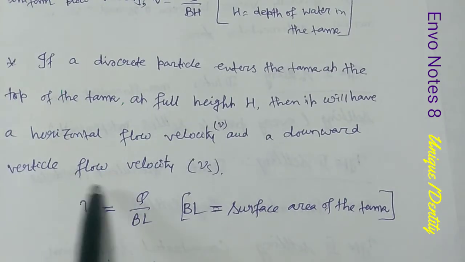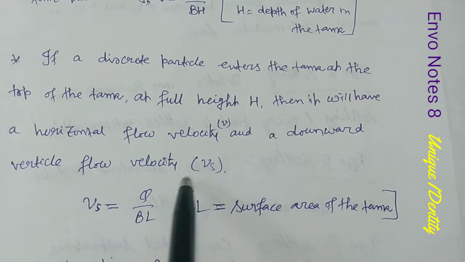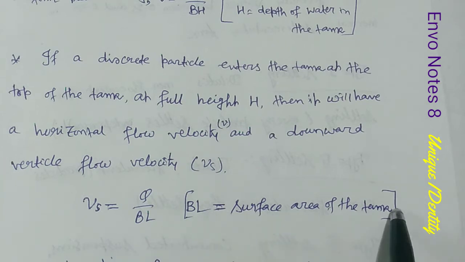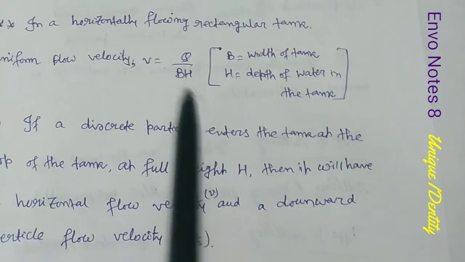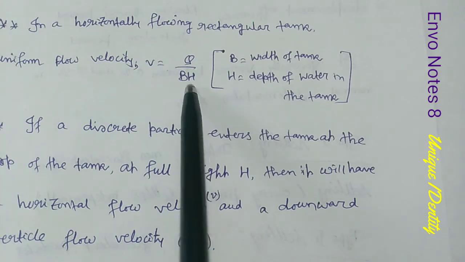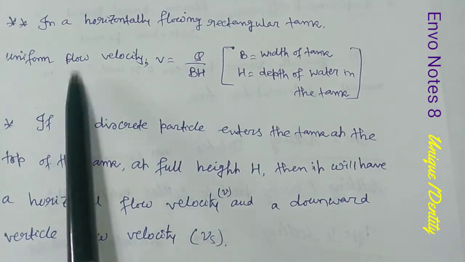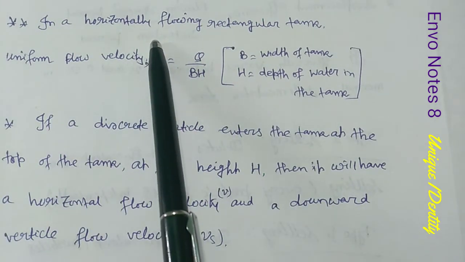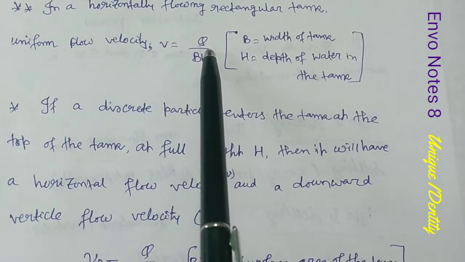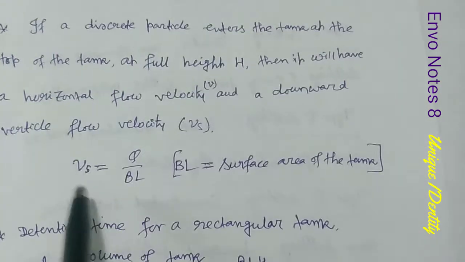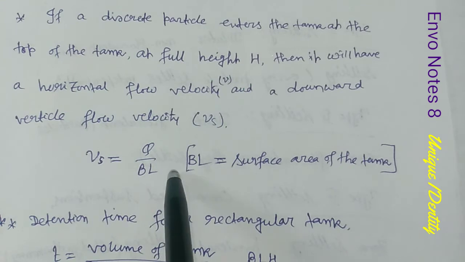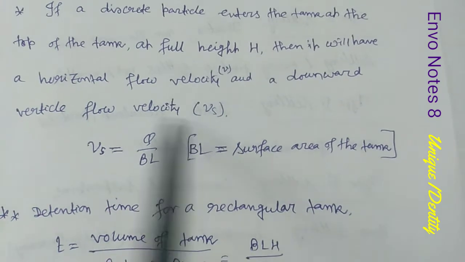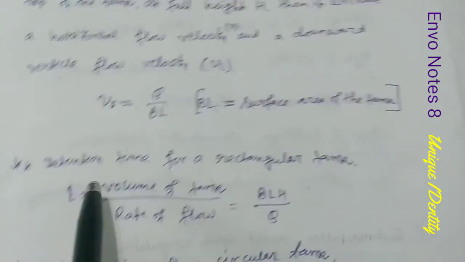Some vertical flow velocity will be there. And that vertical velocity will be Q by B into L, where BL equals surface area of the tank. But here it was BH. So you remember that the uniform flow velocity for a horizontal flowing rectangular tank is Q by BH and the vertical flow velocity will be Q by BL. Okay, so please note down this.